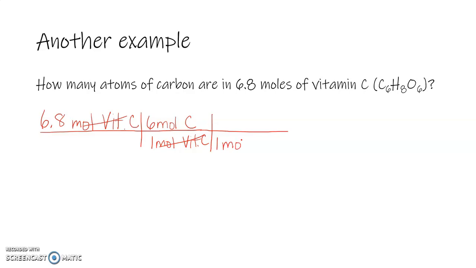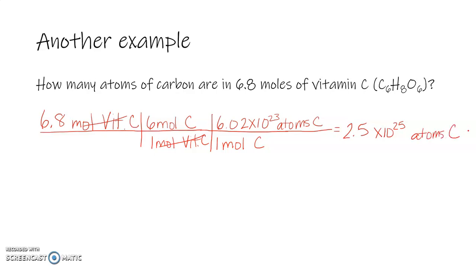So 1 mole of carbon is 6.02 times 10 to the 23rd atoms of carbon. Plug that into our calculator, 6.8 times 6.02 times 10 to the 23rd, and we get 2.5, rounding to two significant figures, times 10 to the 25th atoms of carbon.